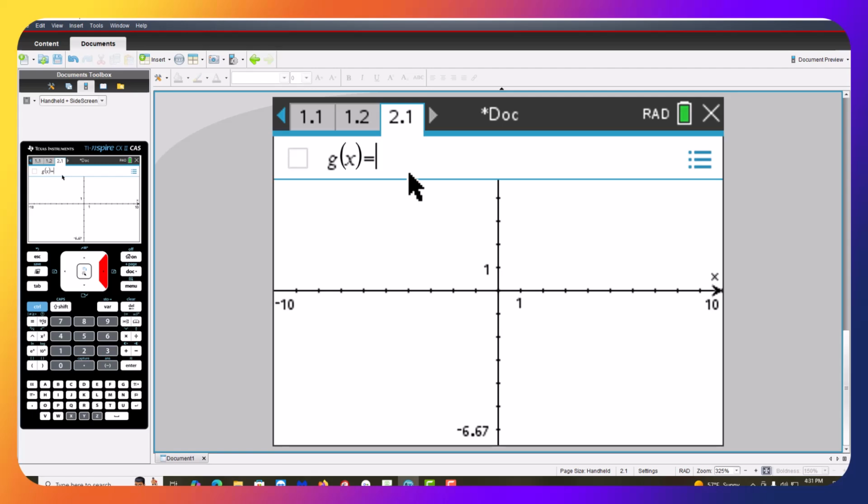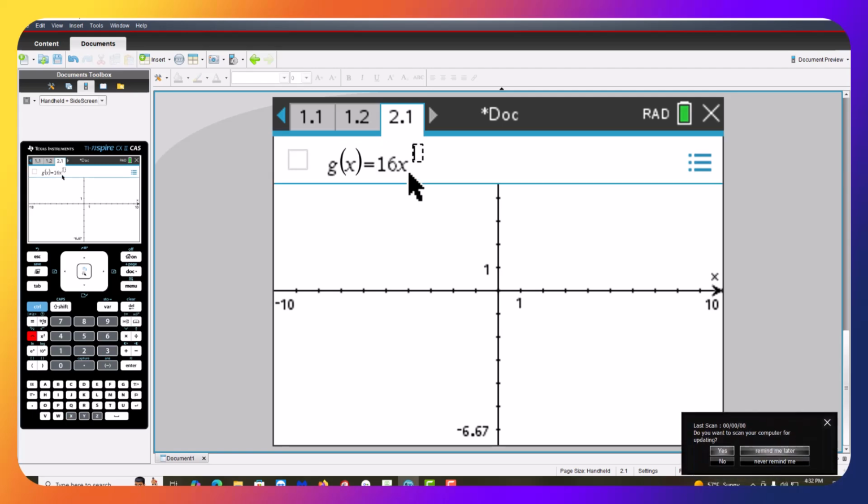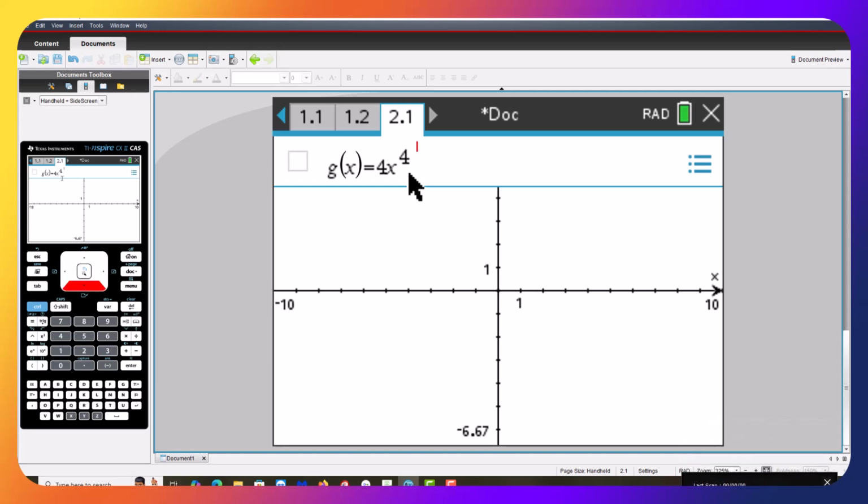So we can do this one. 16x cubed. Okay. Then we, oh wait, might help if I actually don't almost type the derivative there. That would have been really tragic. 4x to the fourth. Okay. Then we're going to subtract 14x cubed.